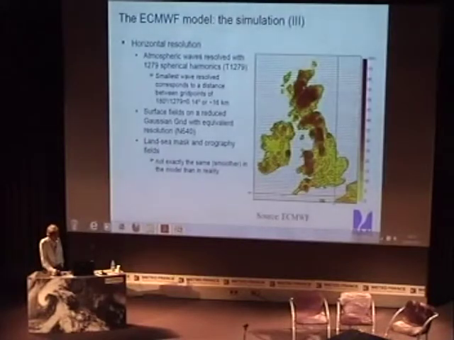And you can see here a picture of the model, the equivalent near surface on a reduced Gaussian grid, which gives you the resolution you achieve. So it's quite good. Nevertheless, you can try and be as precise as you can, you are never going to be exactly like in reality. And on this picture, you can see that you can walk from Scotland to Ireland. The orography and the land-sea mask are different in the model than in reality.